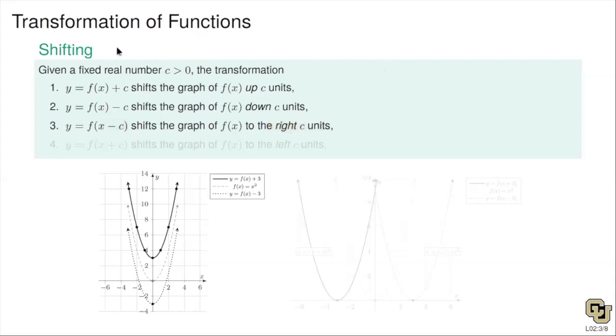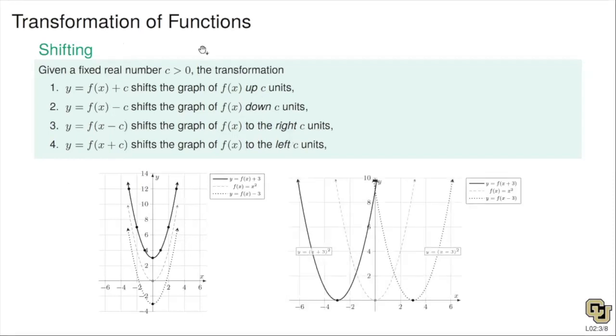And similarly, if you do x plus c, where you're adding the c to the domain variable, that shifts the x-axis to the right, but we live on the x-axis, so to us, it looks like the graph is moving to the left. In fact, we're moving, but it looks like the graph is moving.